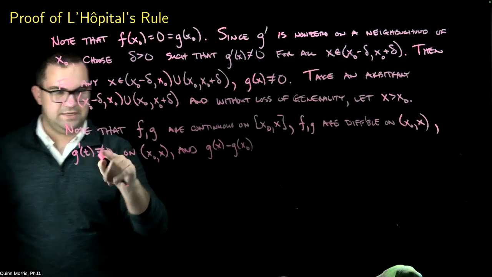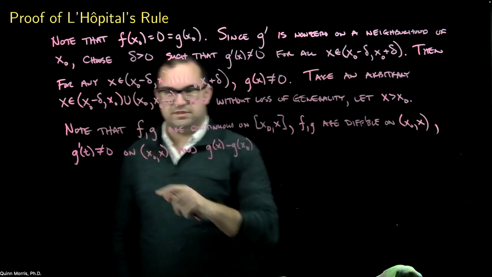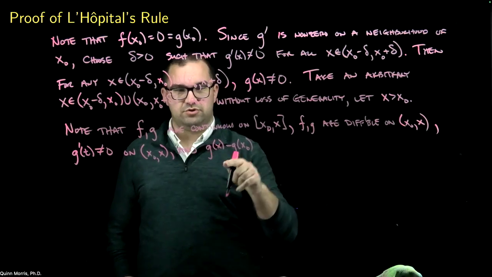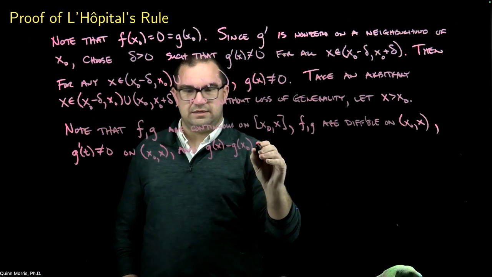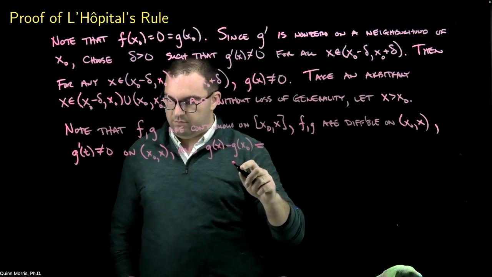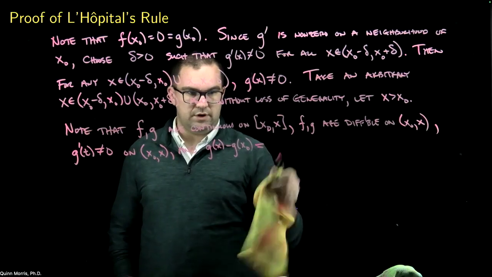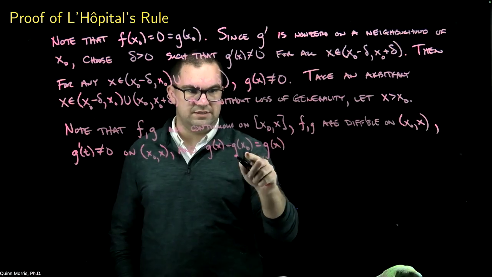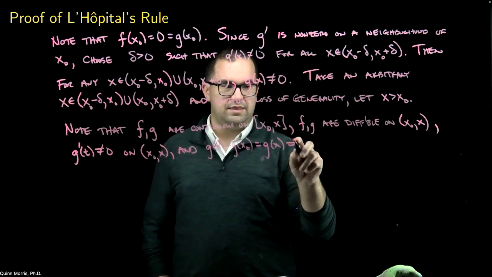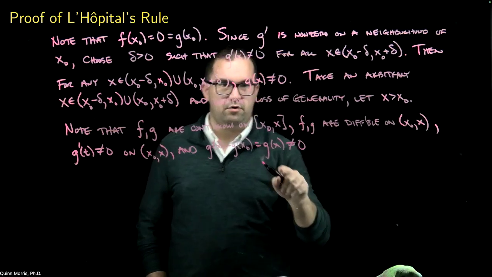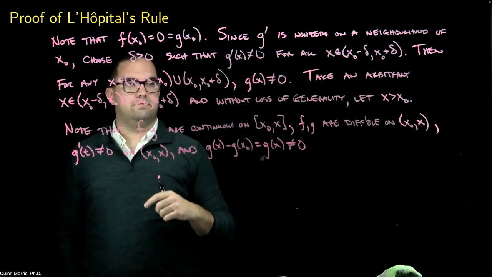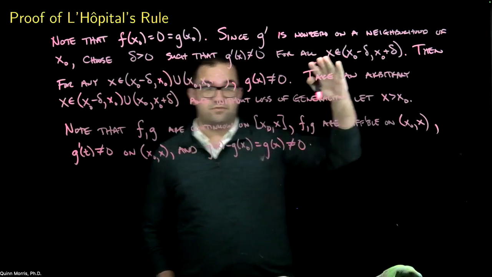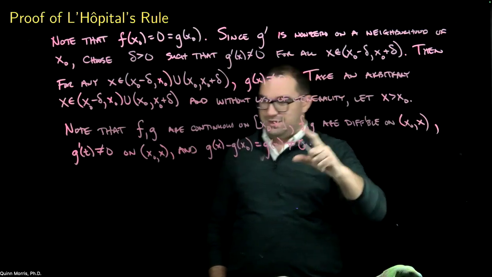So let's say g prime of t is not equal to 0 on this interval. And now g of x, I'm looking at the specific x value that I've chosen earlier here. This is equal to g of x, because g of x naught is 0. And this is not 0, from up here.